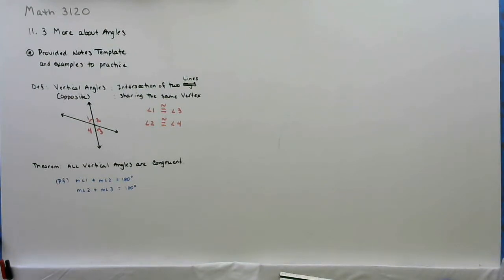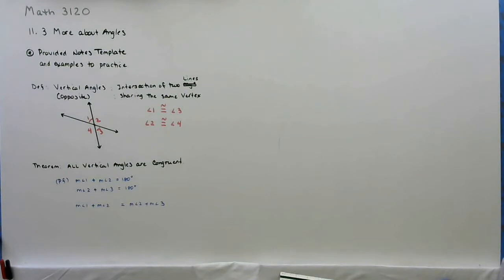Okay? So since they're both equal to 180 degrees, I'll use the transitive property. Since both of them equal 180 degrees, that implies that the measure of angle 1 plus the measure of angle 2 should equal the measure of angle 2 plus the measure of angle 3, because they're both equal to 180 degrees.